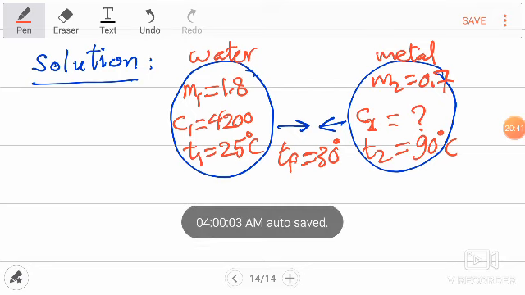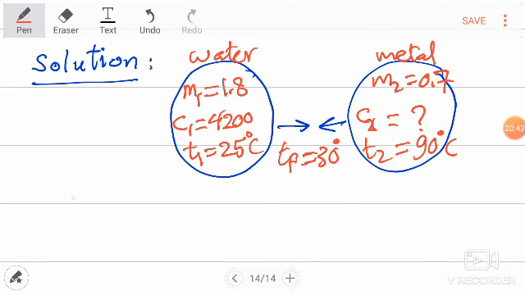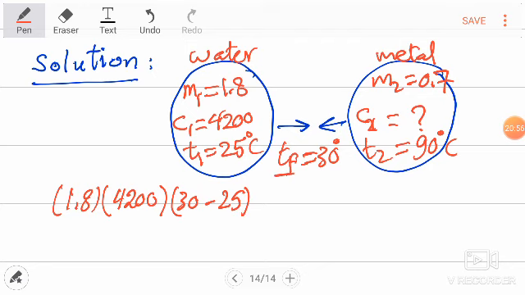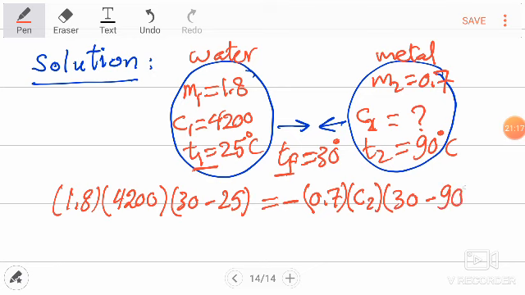So M1, 1.8, times C1, 4,200, times TF 30 minus 25, TF minus T1, equals negative M2, 0.7, C2 unknown, and TF 30 minus T2 90.